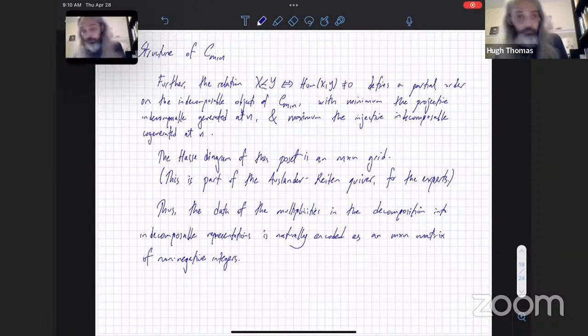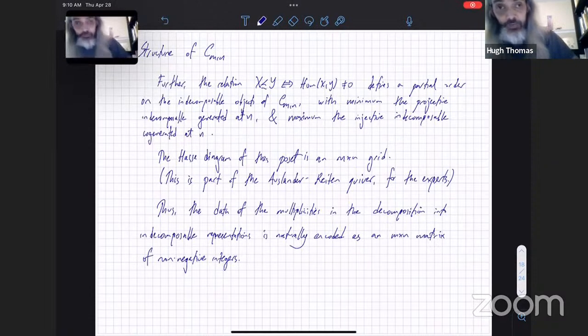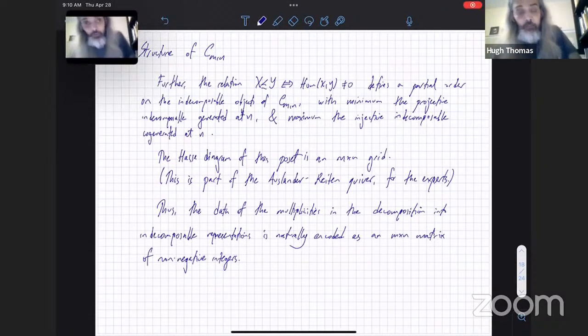For people who have seen some of this kind of theory before, this grid is actually a sub piece of the Auslander-Reiten quiver for this category, but for our purposes we can just say it like this. So this means that the indecomposable representations naturally come in a grid shape.